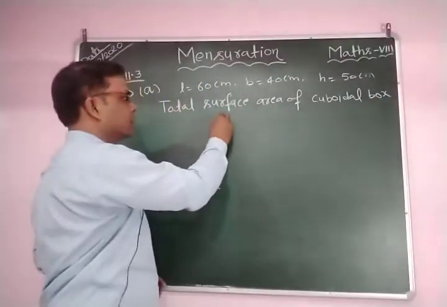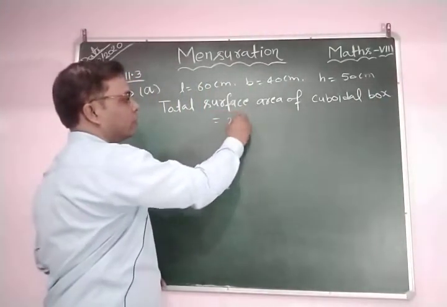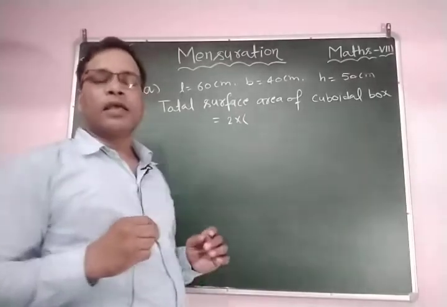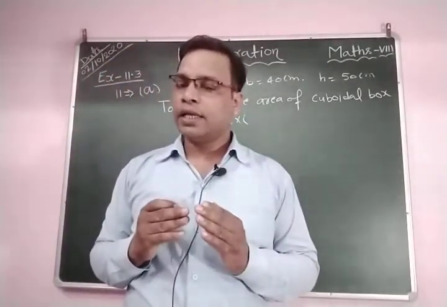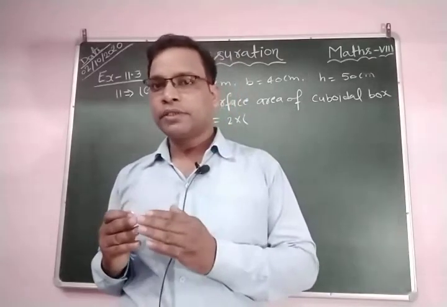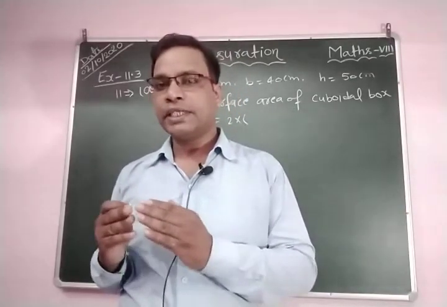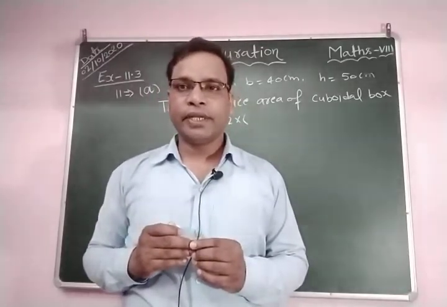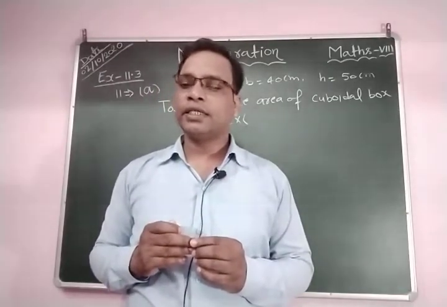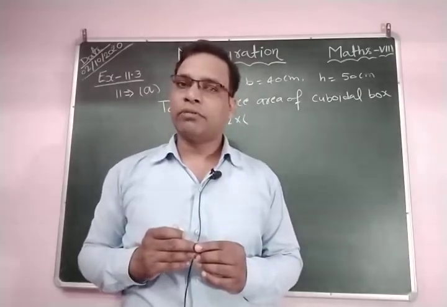The total surface area of a cuboidal box is equal to 2 into (LB plus BH plus HL), where L represents length, B represents breadth, and H represents height of the cuboidal box.